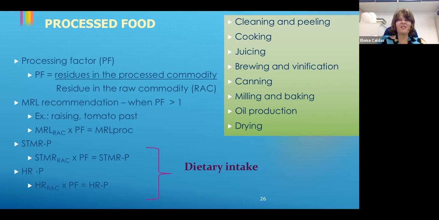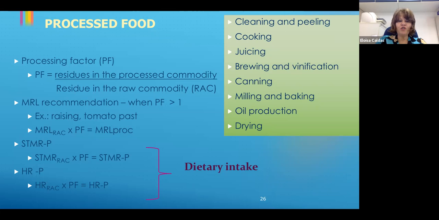It's just because in the JMPR, you first estimate the levels and then you recommend the limits to the CCPR. So that's why in the text of the report, we have MRL where the L is level, and MRL where the L is limit. So don't get confused, but assume it being the same thing, basically.